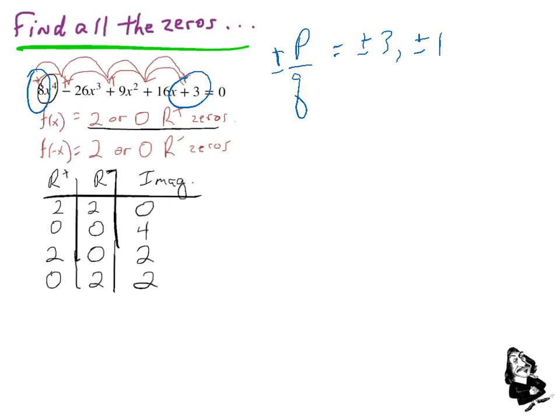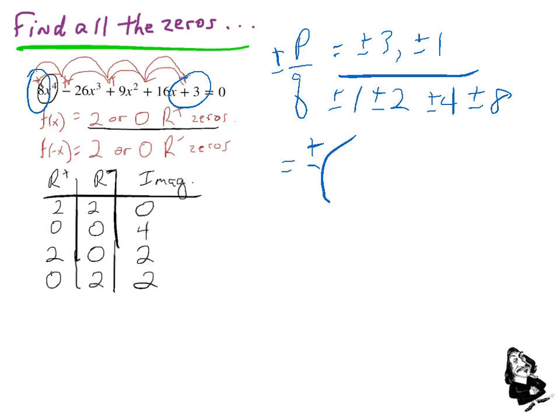And then the Q's are 8, so that's either going to be plus or minus 1, plus or minus 8, plus or minus 2, times plus or minus 4. So let's just simplify this mess. I always tell you, I put the plus or minus on the front. I think it's so much easier.